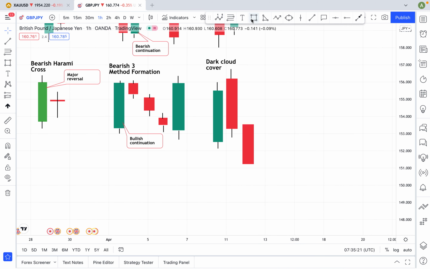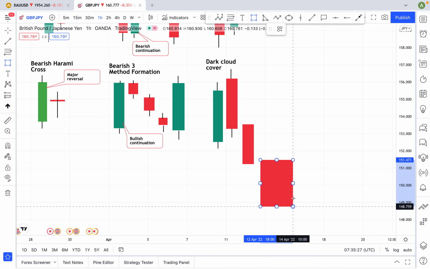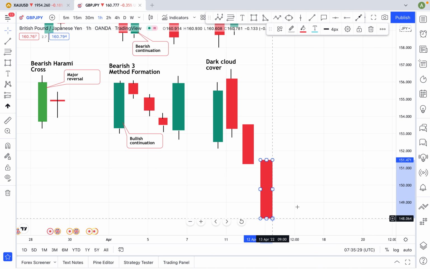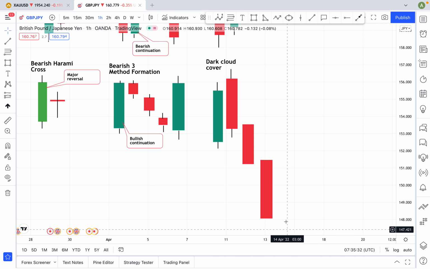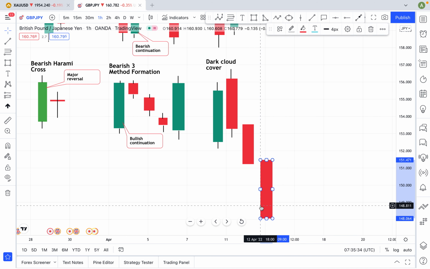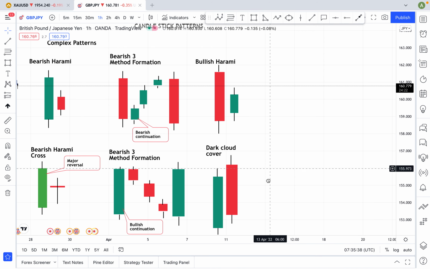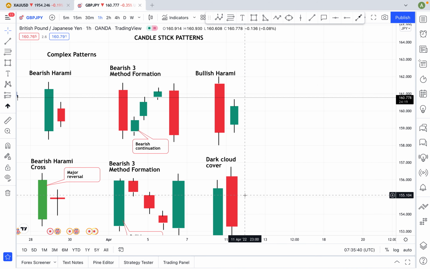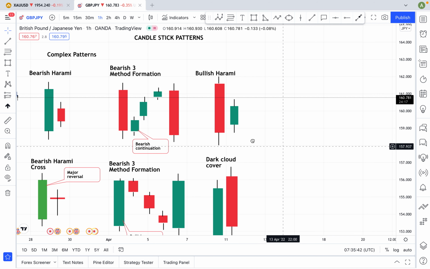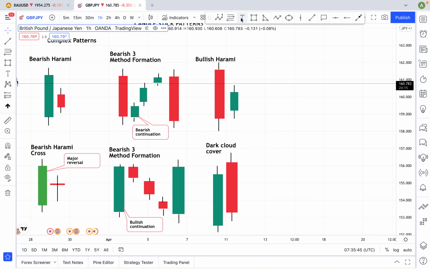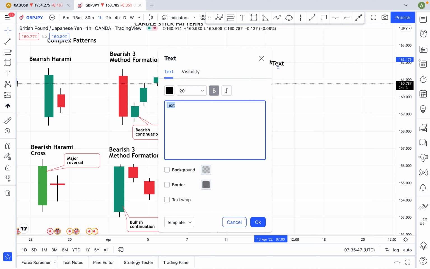Three black crows is a complex pattern on its own, something like this. Very large selling momentum in the market. Something like this starts appearing. Just follow up, okay? So that's how the dark cloud cover works. Next, we have the engulfing candle. It's very important to know what engulfing is saying.